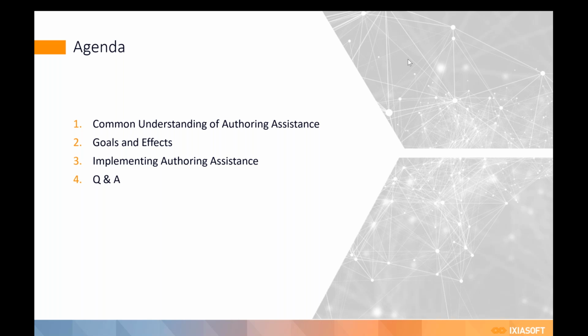And then I would like to put the focus on how to actually do the implementation, what to take care about and what not to do. And last would be a question and answer section. Please feel free to submit questions anytime during the webinar. We will answer them at the end.